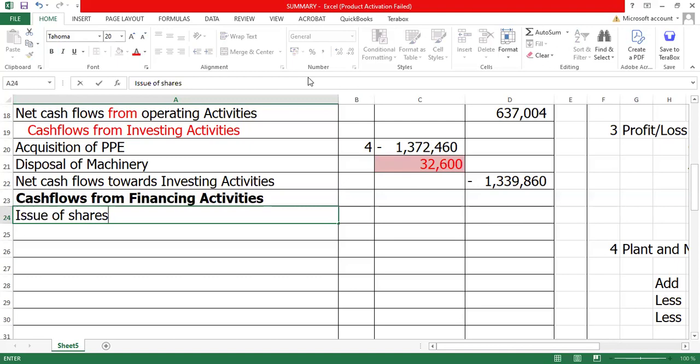You can call this one proceeds from issuance of shares. When you're dealing with financing activities, I told you that you'll be looking at equity and long-term liability or non-current liability.